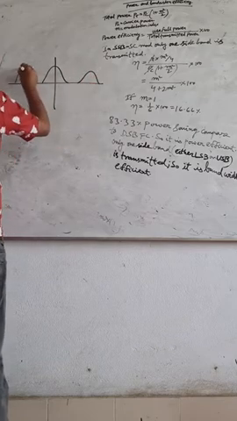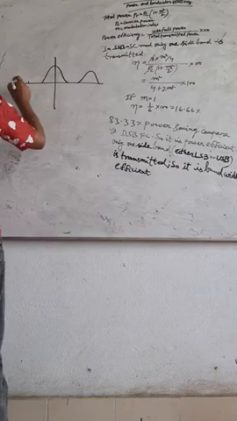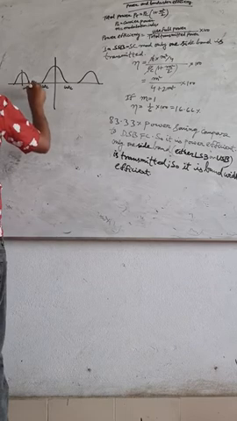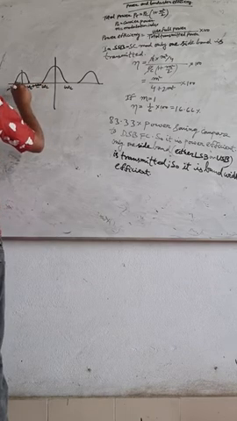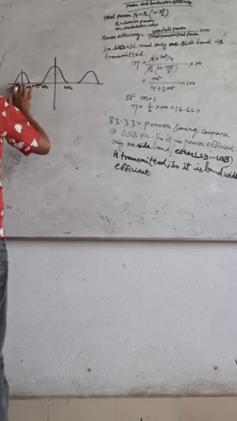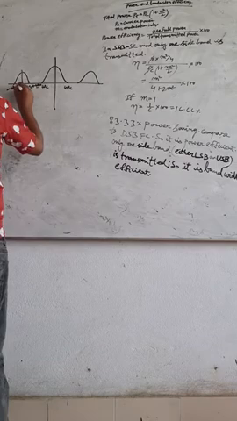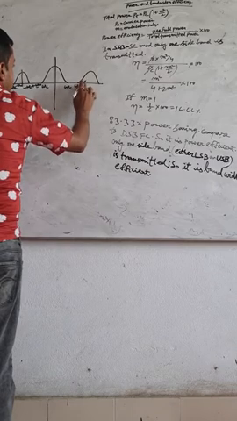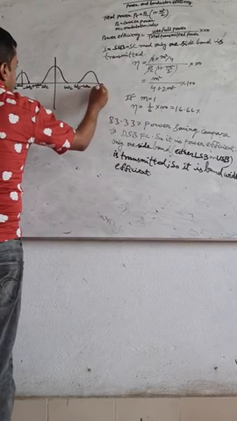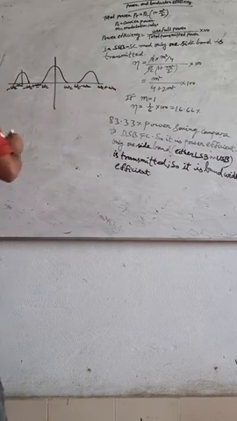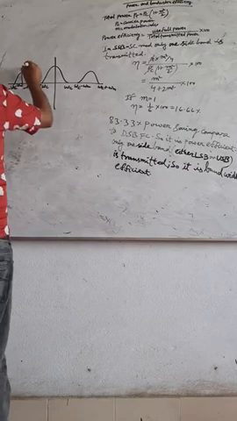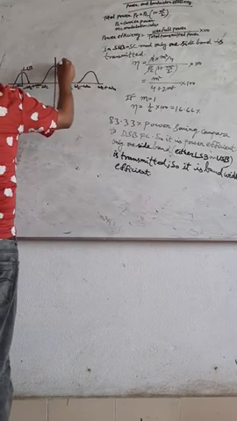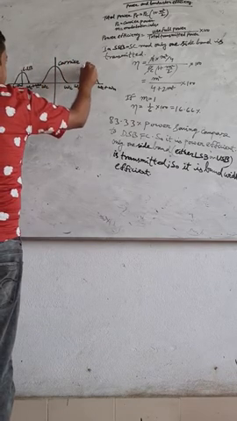This is carrier, this is LSB, this is USB, with frequencies minus omega C, omega C, minus omega C plus omega N, minus omega C minus omega N, omega C plus omega N. This is your USB, this is your LSB, this is carrier.